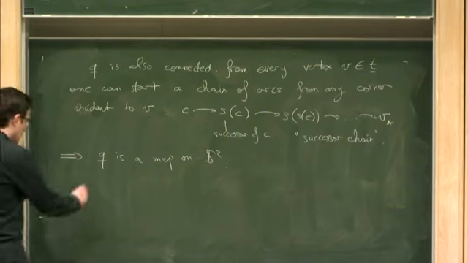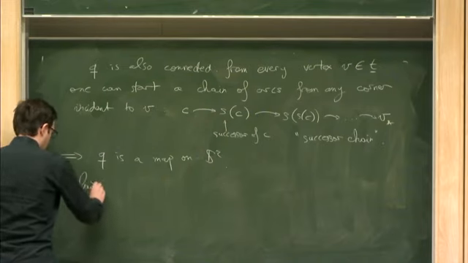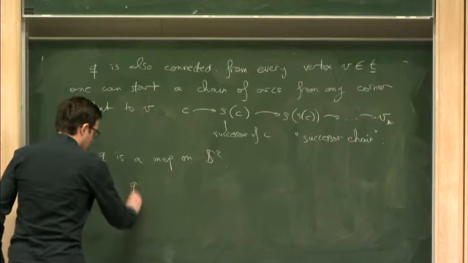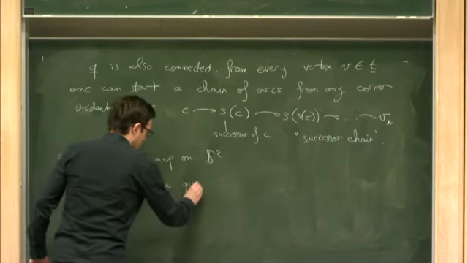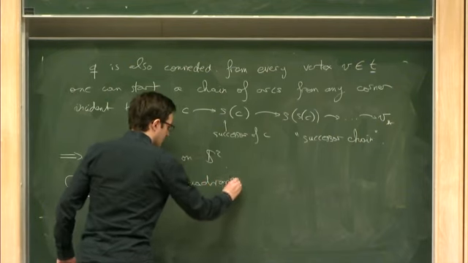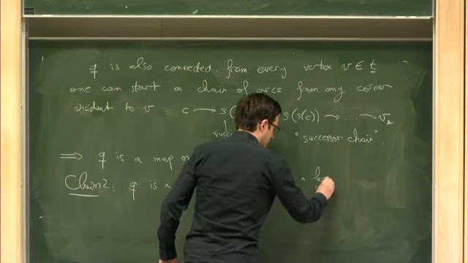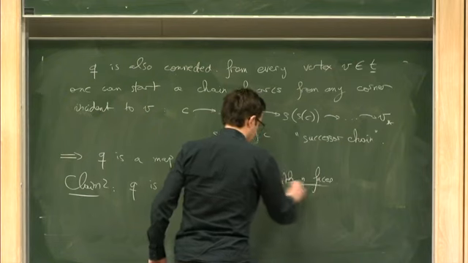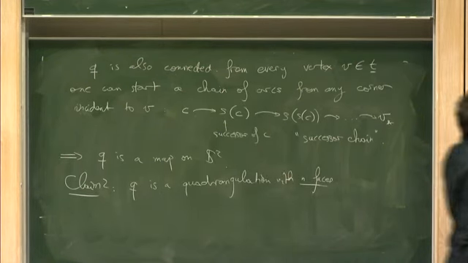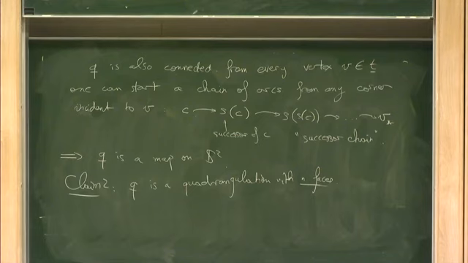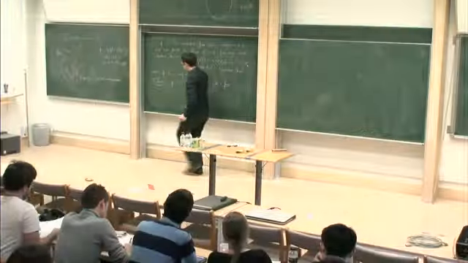Okay. Now the second claim is that Q is a quadrangulation with n faces. And what's the reason for that? It's also fairly simple. So let's look at a given edge of the tree. Okay, so an edge in the tree has one of the two following forms.